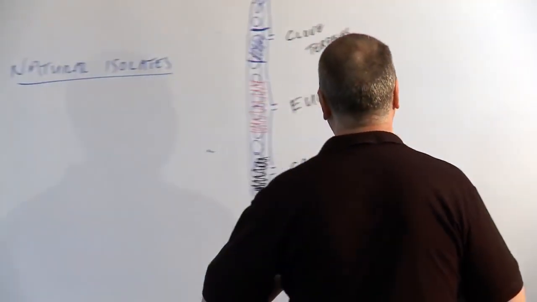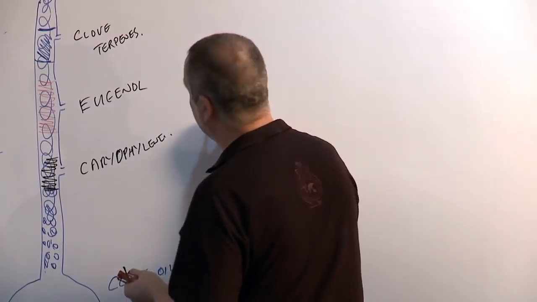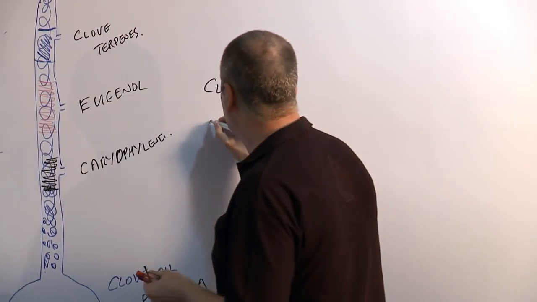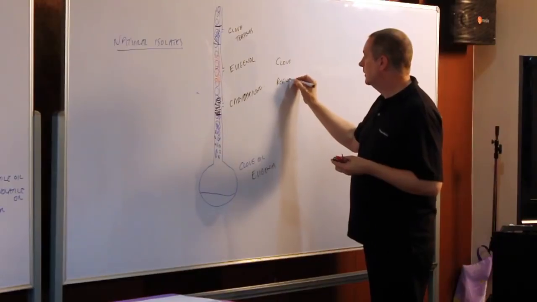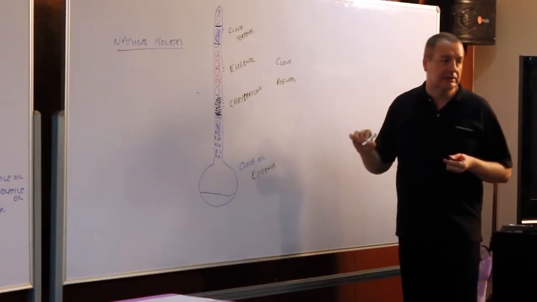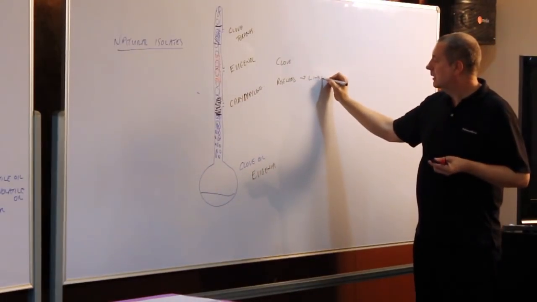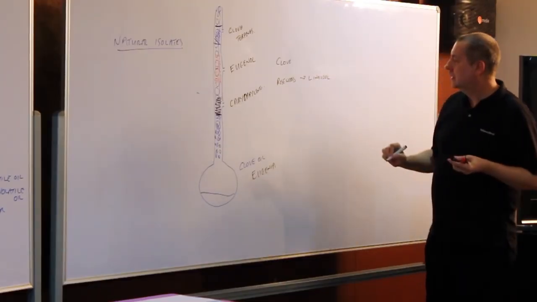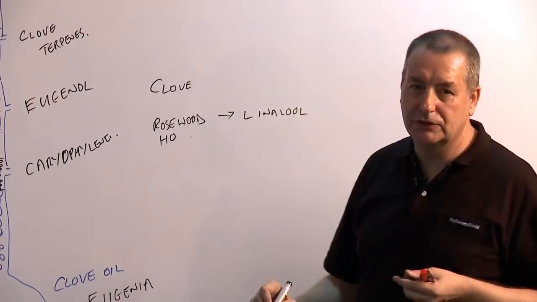So fractional distillation is used for clove. It can be used for rosewood, where the main ingredient is something called linalool. Ho oil is another one that's used.